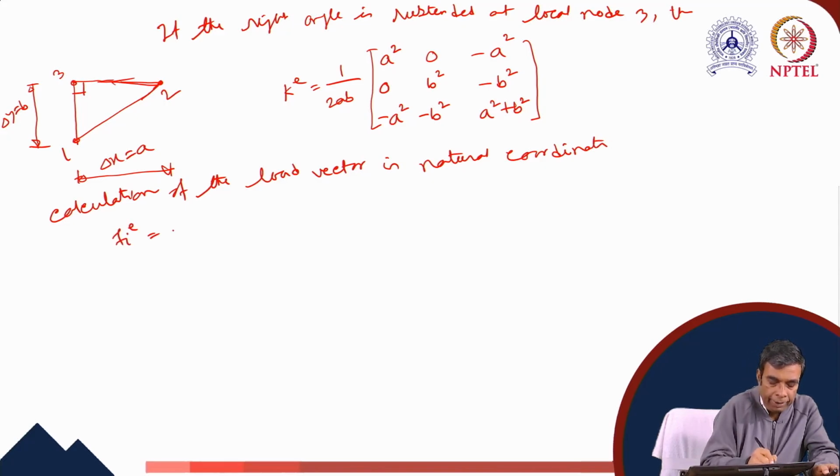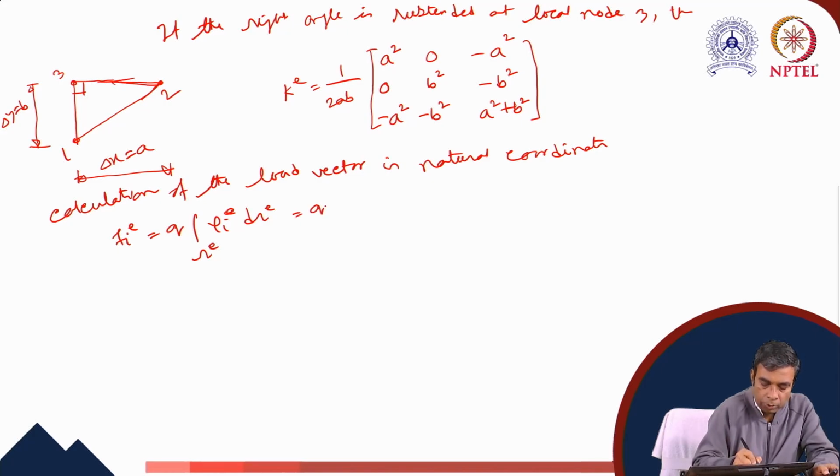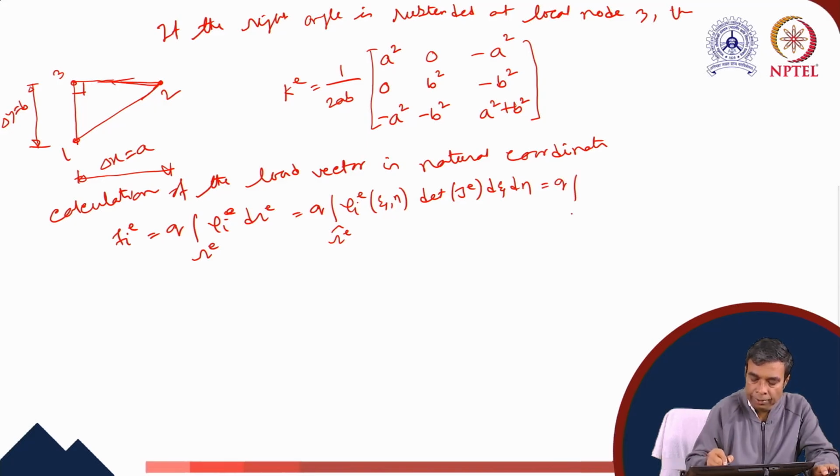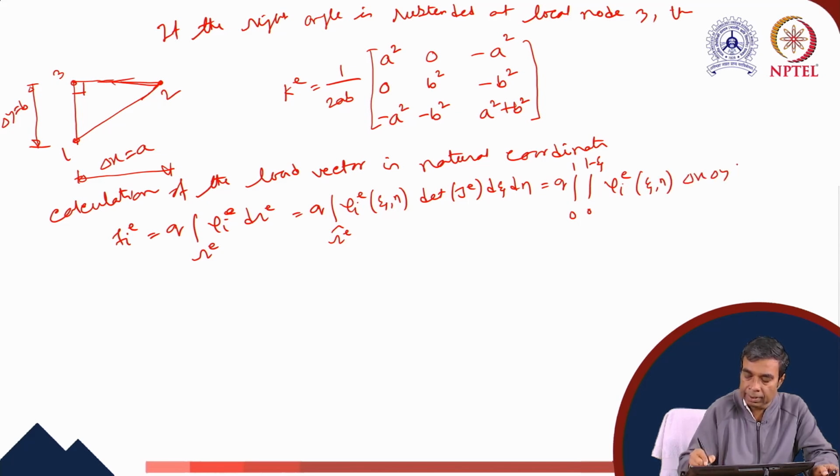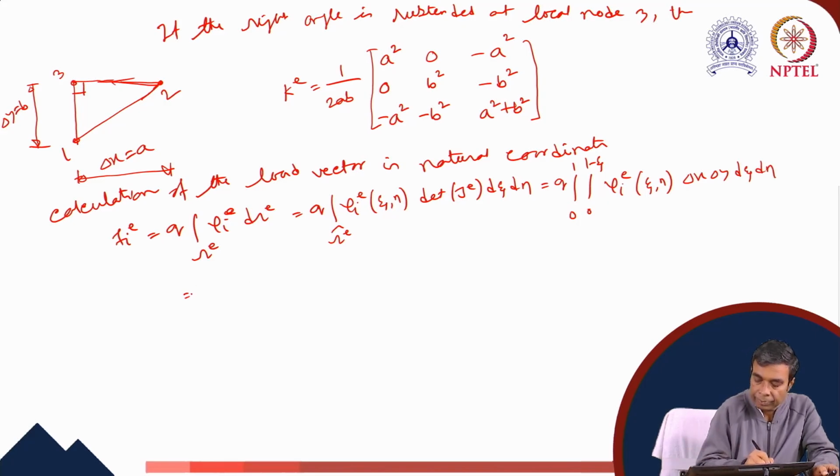So we know that Fie equals Q into the integration over omega e of psi ie d omega e, equals Q integration over omega e cap of psi ie (xi, eta) times the determinant of the Jacobian matrix into d xi d eta, equals Q integration 0 to 1, integration 0 to 1 minus xi, psi ie (xi, eta) delta x delta y d xi d eta, equals Q into delta x delta y integration 0 to 1, integration 0 to 1 minus xi, psi ie (xi, eta) d xi d eta.